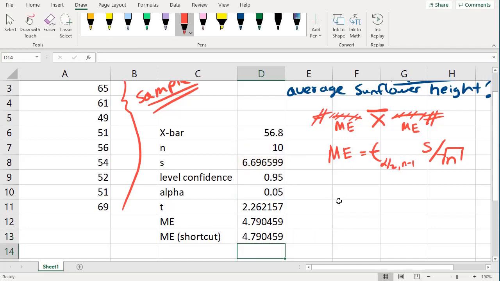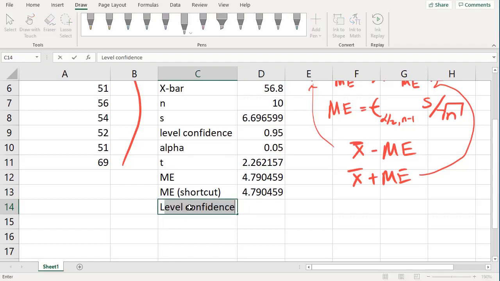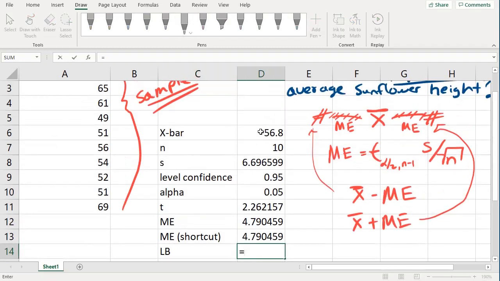All right, either way, once you have your margin of error, you need to take your sample mean and subtract your margin of error to find this lower bound here. And you need to take your sample mean and add on the margin of error to find this upper bound here. Okay, so the lower bound will equal the sample mean minus the margin of error.